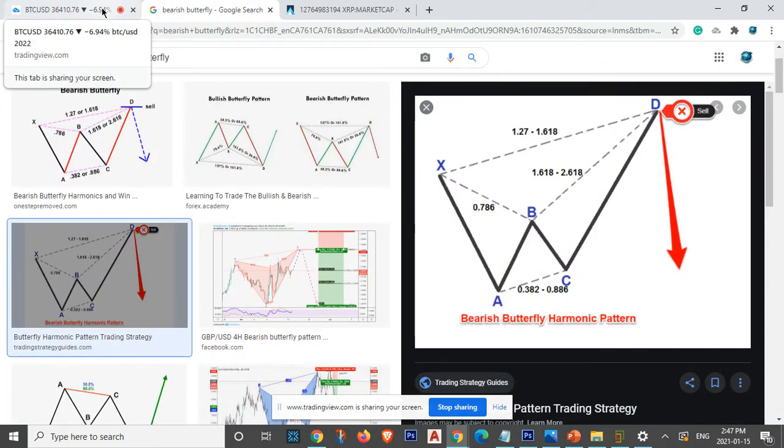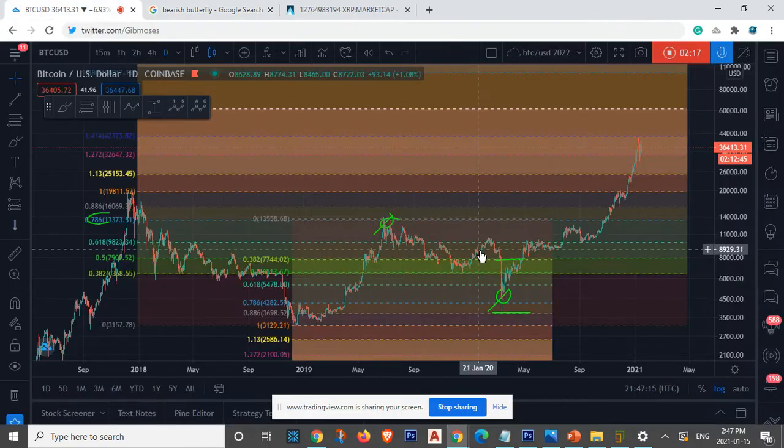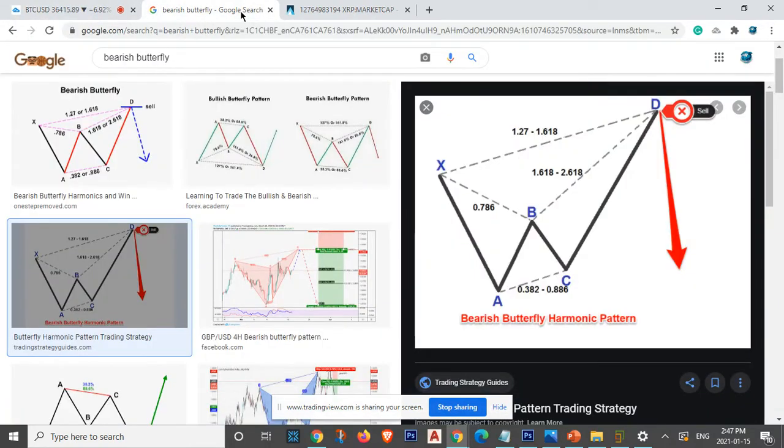However, with Bitcoin, when it goes in a bull market, meaning parabolic moves, sometimes it doesn't care whether we reach this D point or not. It's just going to keep on going up. Although, according to Fibonacci harmonics, we should be retracing.